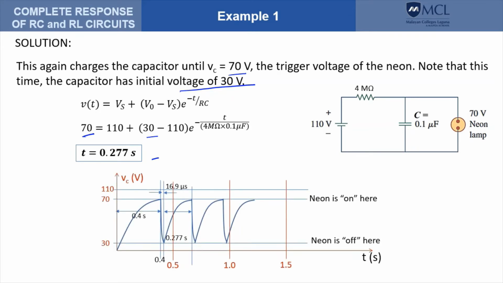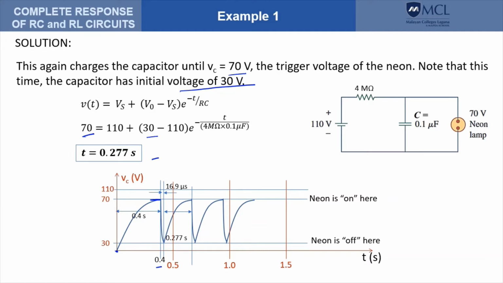If we sketch the voltage waveform across the capacitor, that should give us this sketch. So initially it starts at 0 and it rises to 70 here with a time of 0.4 seconds.